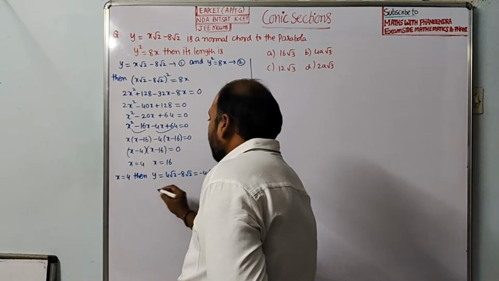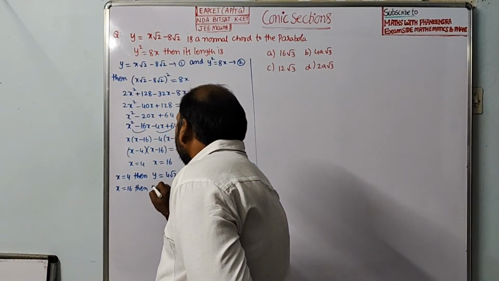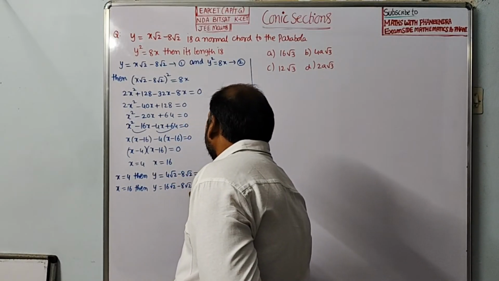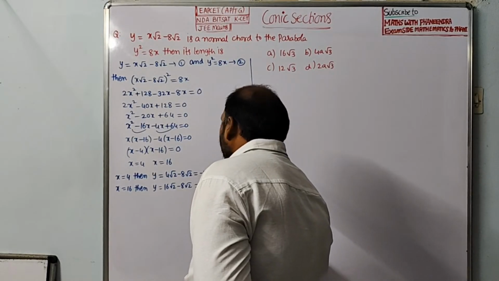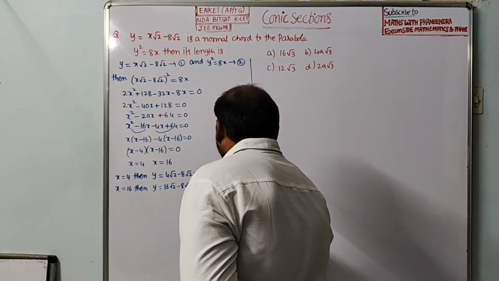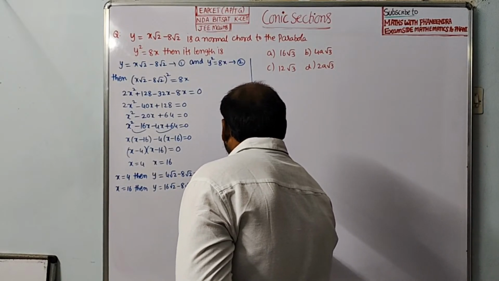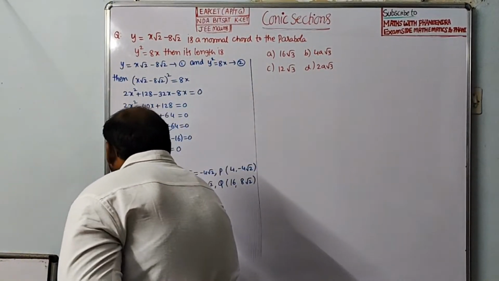P point, we got it. Next, x is equal to 16, then y is equal to 16 root 2 minus 8 root 2, so 8 root 2. So Q point becomes 16 comma 8 root 2. So now the distance between these two is the length of the chord.